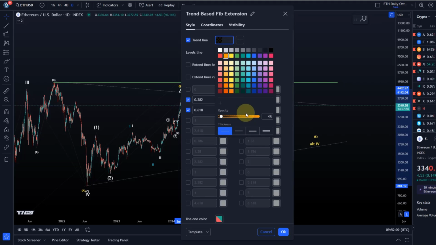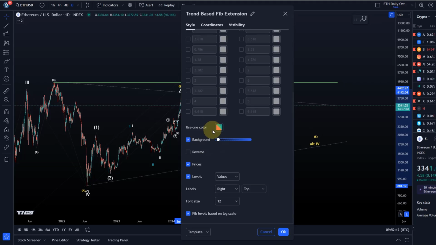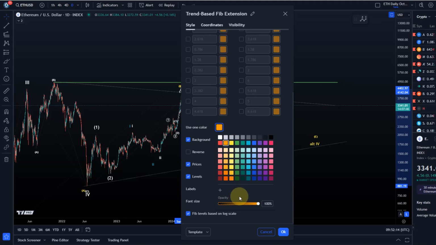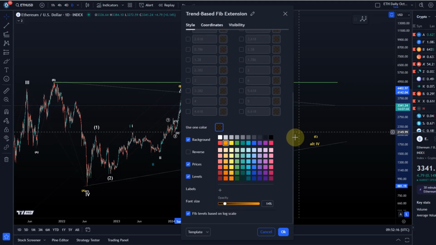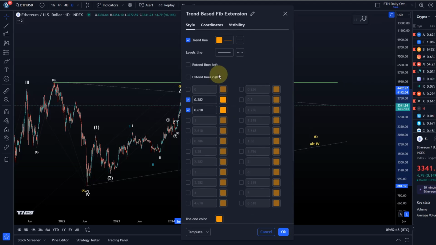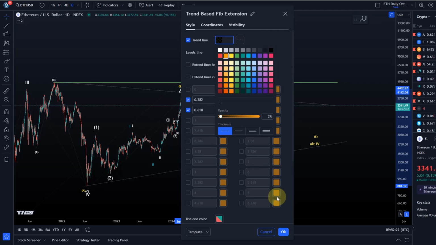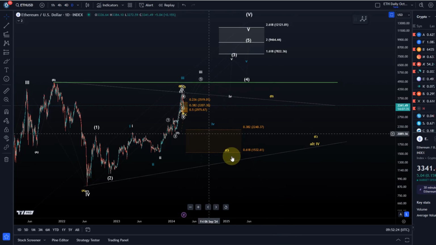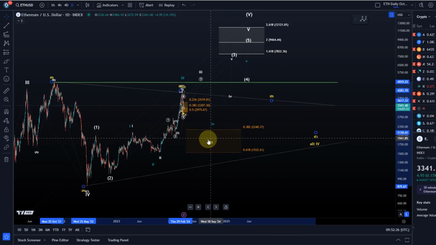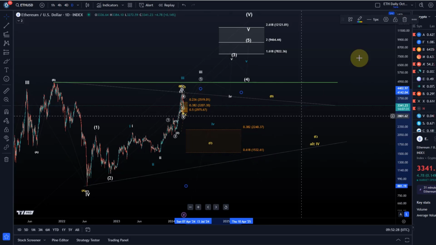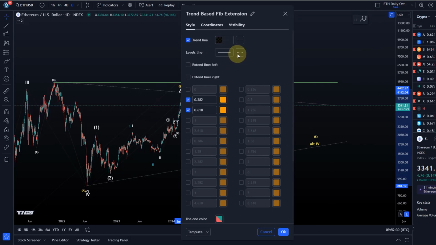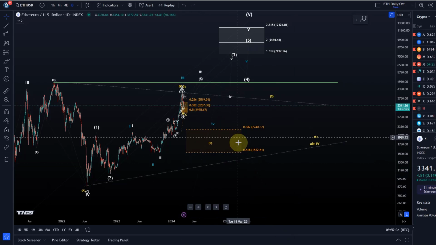Let's see if that actually works. So at least we've got something on the charts as an additional area to watch. Yeah, this would be for this C wave. And make it like that. So this is one support area.